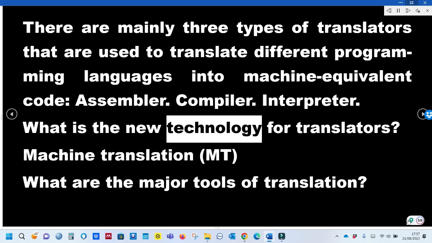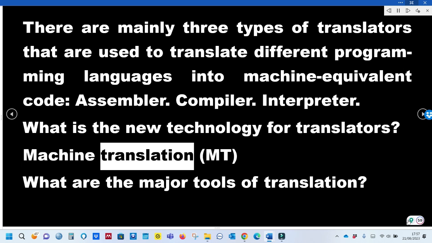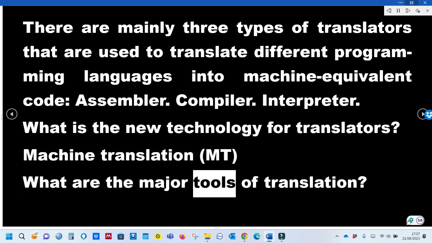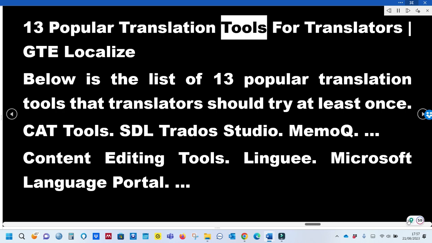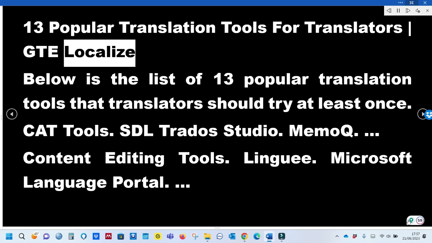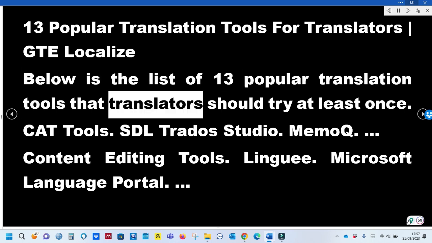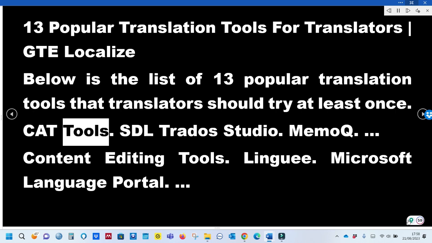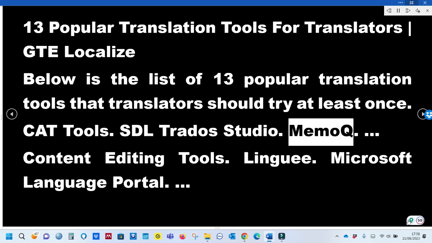What is the new technology for translators? Machine translation, MT. What are the major tools of translation? 13 popular translation tools for translators. Below is the list of 13 popular translation tools that translators should try at least once. CAT tools: SDL Trados Studio, MemoQ.